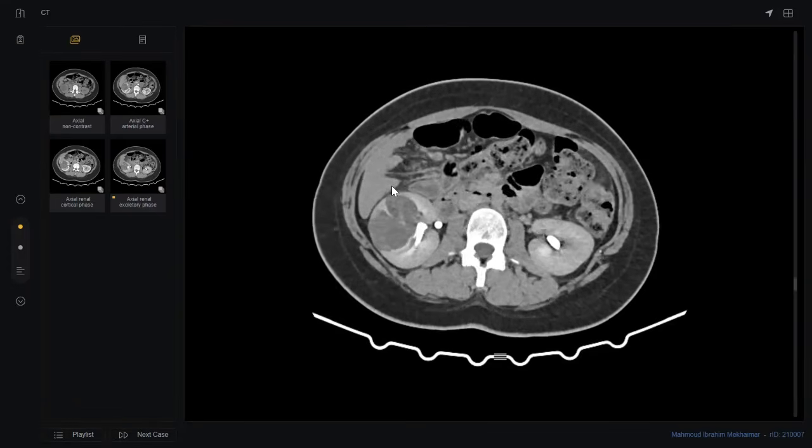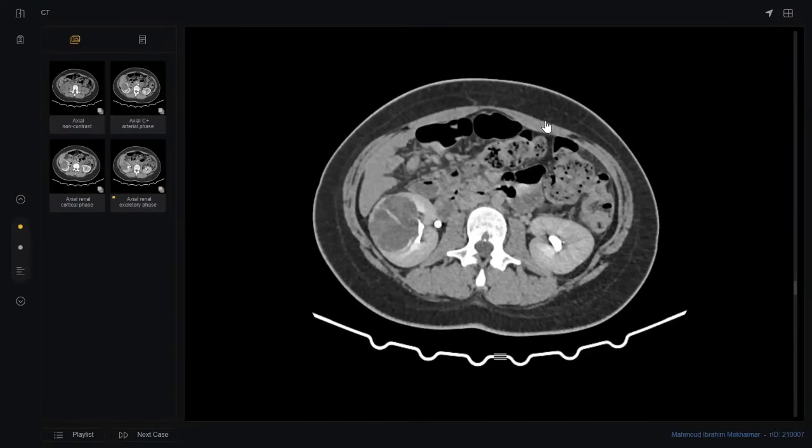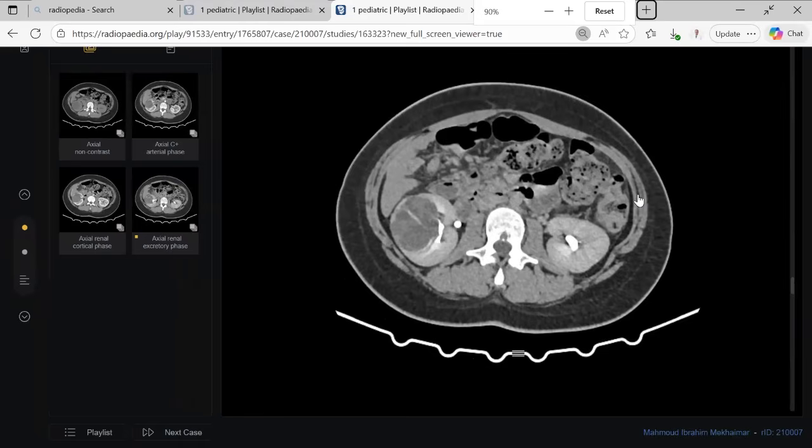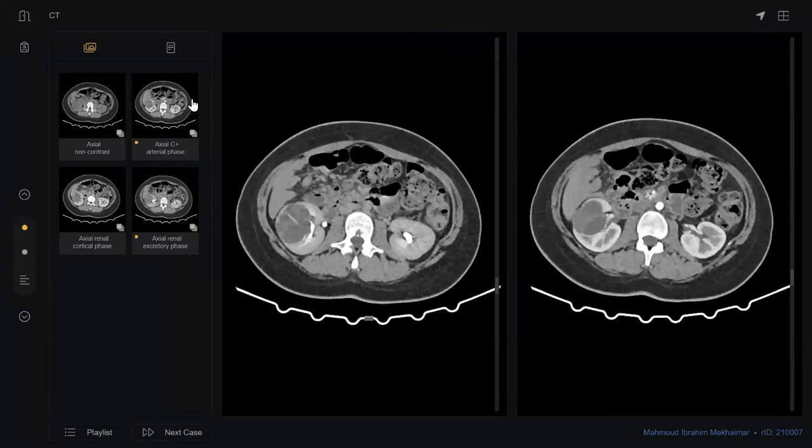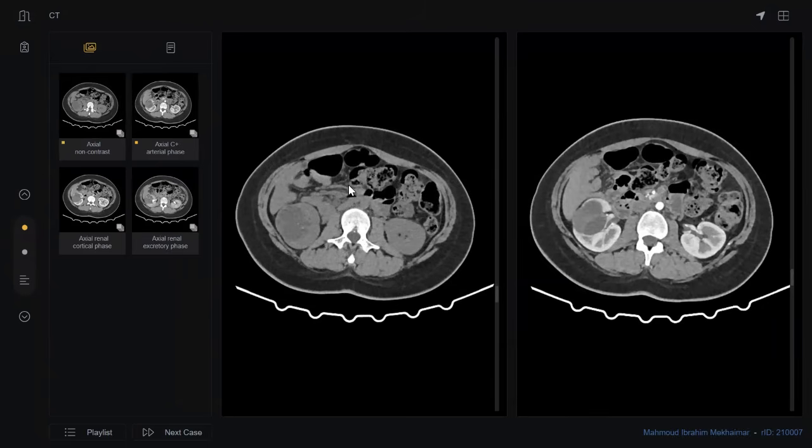One of the septa is thickened and enhancing as well, in the middle of the lesion. So this is an indeterminate lesion.